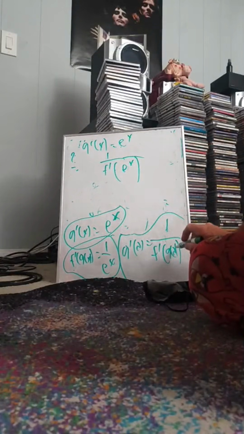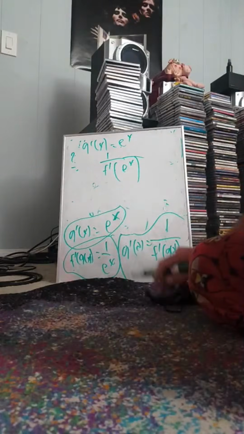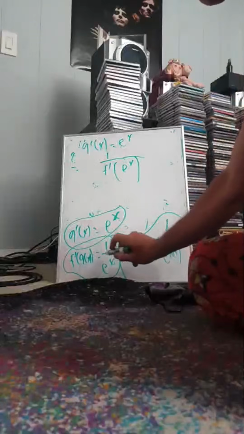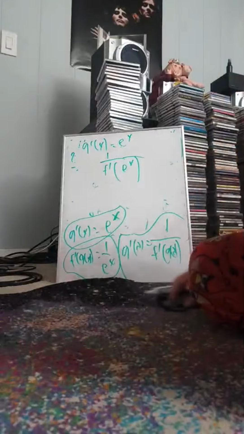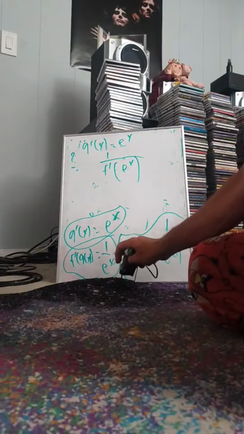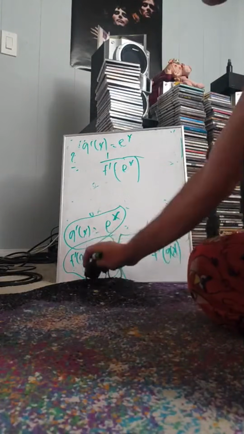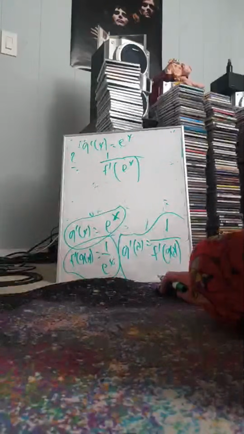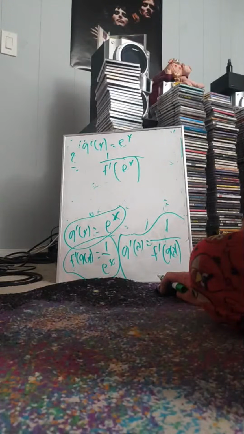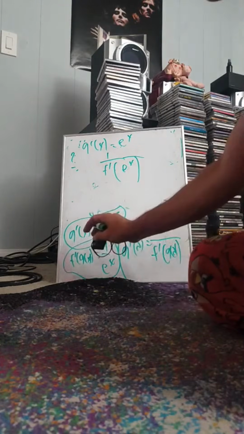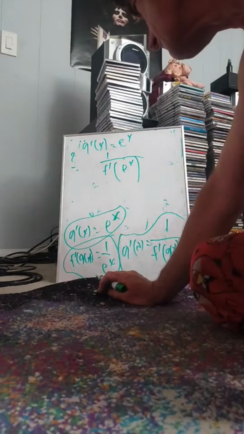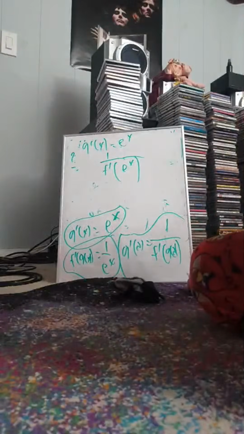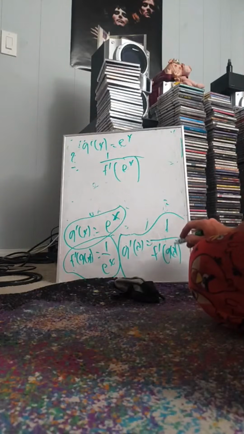Because f prime of g of x is 1 over e to the x. We had up here that g prime of x is e to the x.